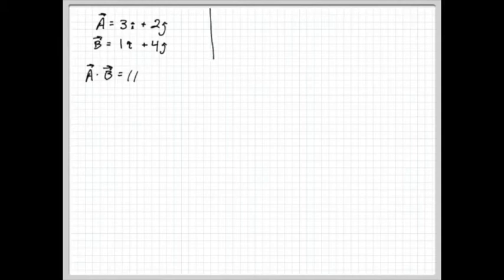Well, you could graph them, because graphing a vector is pretty easy. A vector is 3 units on the x-axis, 2 units on the y. So this line represents vector A. Vector B is 1 unit on the x and 4 units on the y.